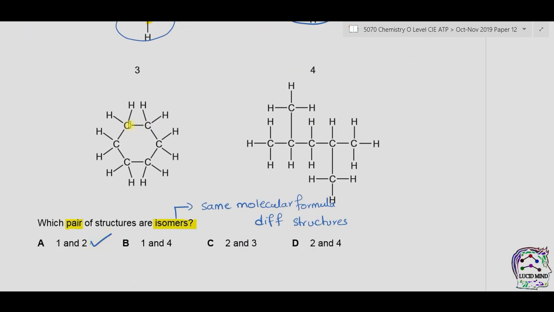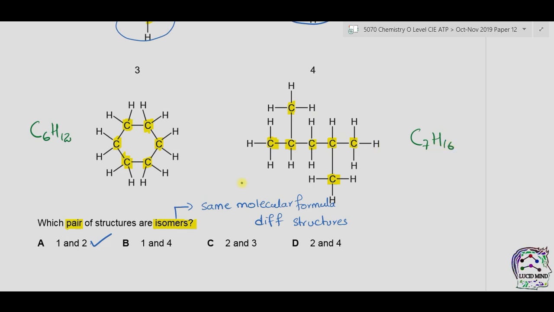Let's find the molecular formula of 3. We have 6 carbon atoms and with each carbon there are 2 hydrogen atoms, so the molecular formula is C6H12. In 4 we have 7 carbon atoms and the number of hydrogen atoms is 16.